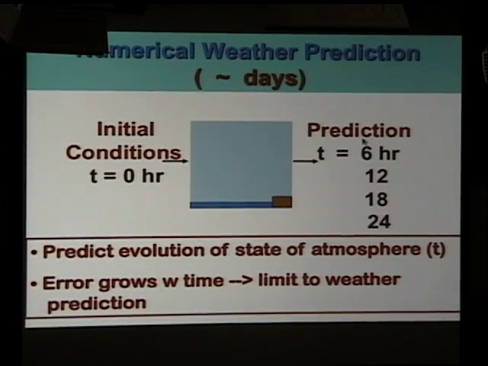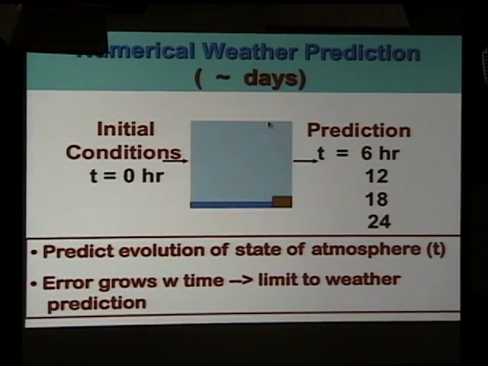So you all know that the error grows with time. The initial conditions are not perfect because nobody observes at the middle of my grid box, averaging over the grid box. You have whatever instantaneous observation, so there is the translation of the instantaneous observation to the state variable of the model.